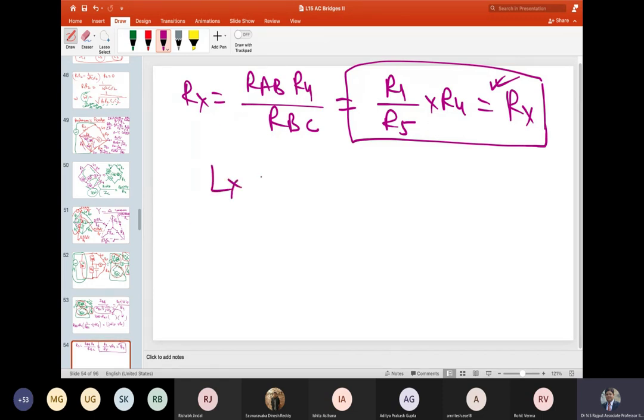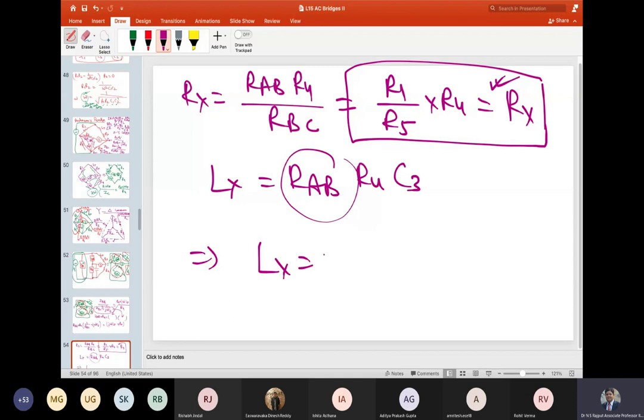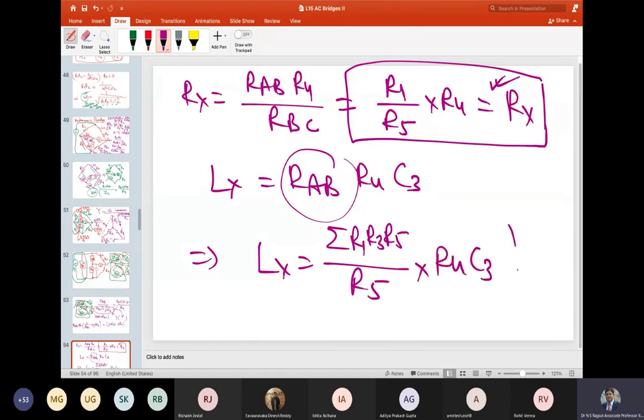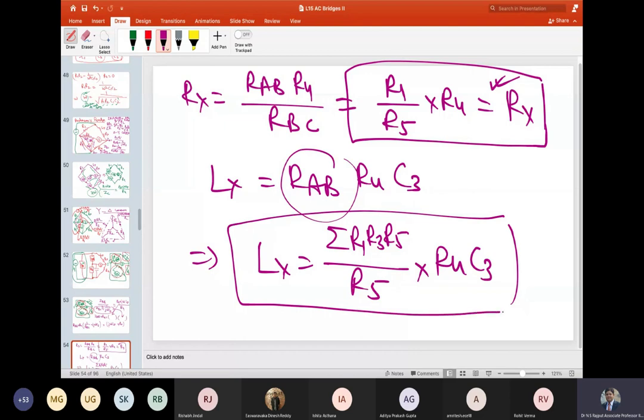Similarly, regarding the Lx, it will be RAB R4 C3, right? So once again, you substitute it with the actual value. So what you will get is Lx is equal to sigma R, R1, R3, R5, take 2 at a time, divided by R5 multiplied by R4 C3. So this is another expression for calculating Lx.